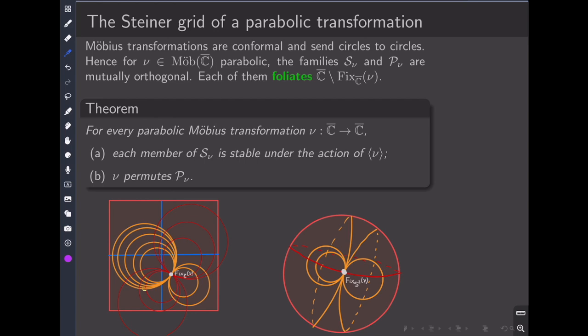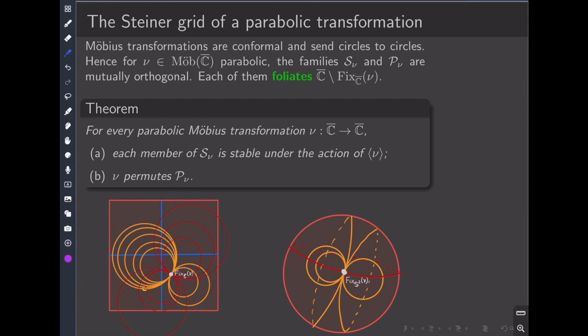That's why each member of one of the families is stable under the action of nu, and more accurately under the action of the subgroup of MEPC generated by nu.